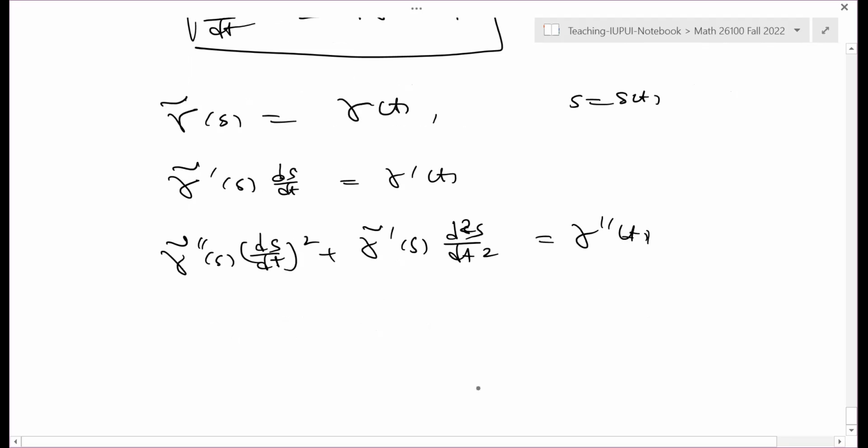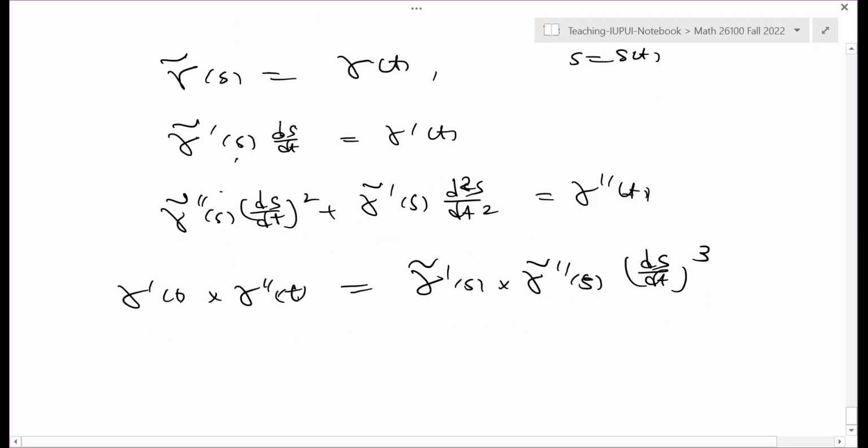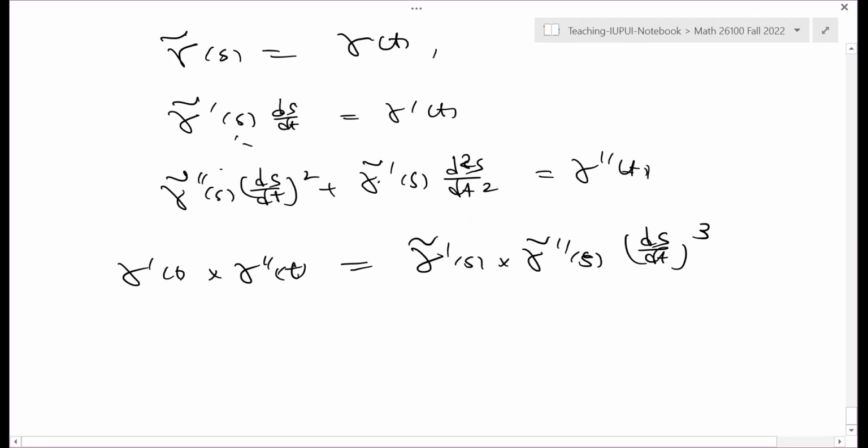I'm going to do the cross product. So gamma prime times gamma prime. Okay, so this is going to be this plus that, and then dS/dT. And this plus that is going to be zero. So that's what you have to decide. All right, so the cross product does not change the proportion to each other. Okay.